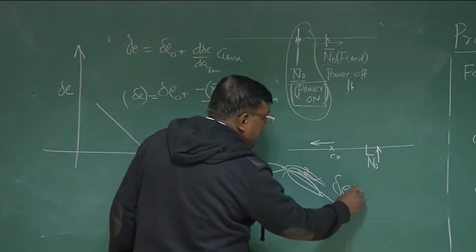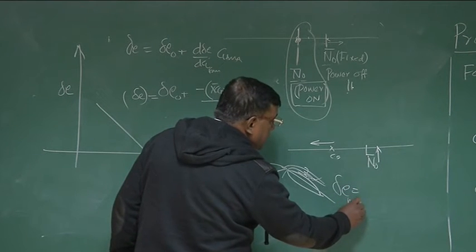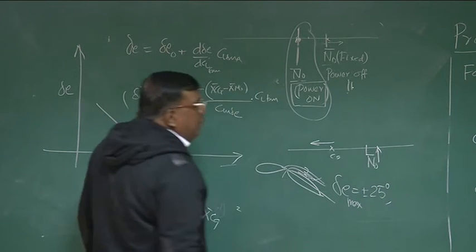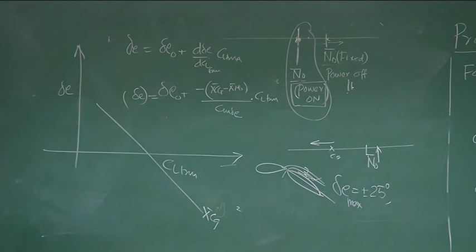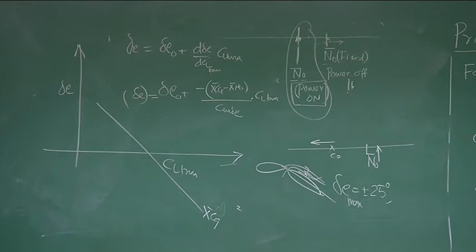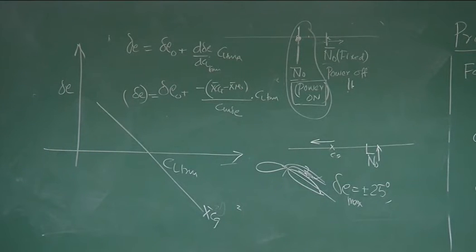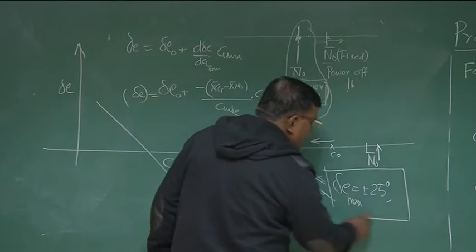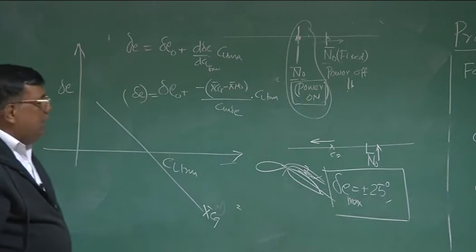That is why every airplane is characterized with a delta E max of, let's say, plus minus 25 degrees. Some high fidelity aircraft may have 30 degrees, 45 degrees, but for most of our normal airplanes, it is 15 to 25 degrees, depending upon what sort of technology you have used. So the point is, there is a delta E max. You cannot exceed that, okay?